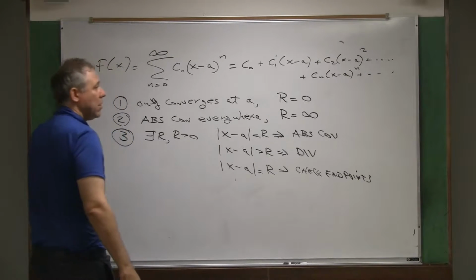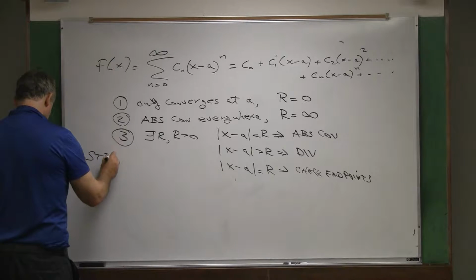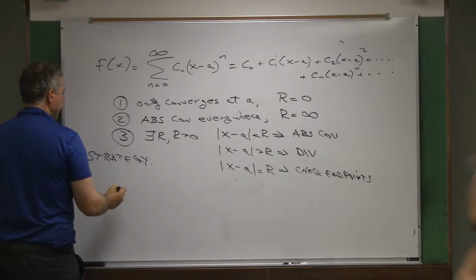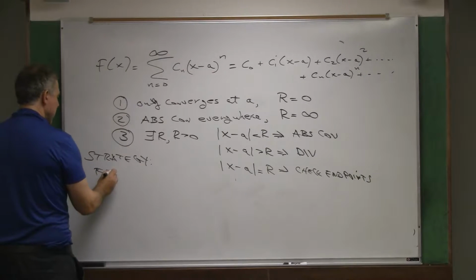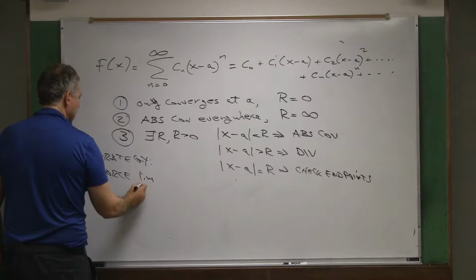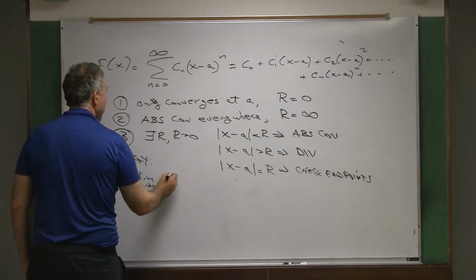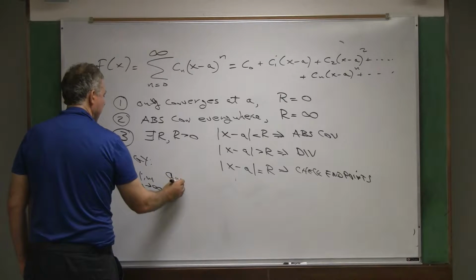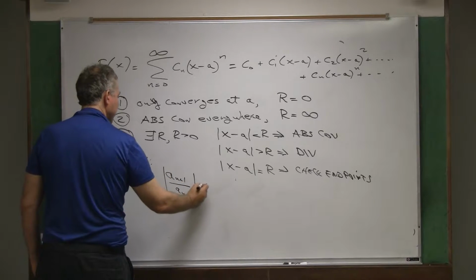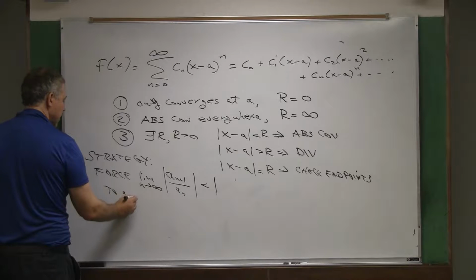So your strategy is going to be to force the limit as n goes to infinity of the absolute value of a sub n plus 1 over a sub n to be less than 1 to get a condition on x.